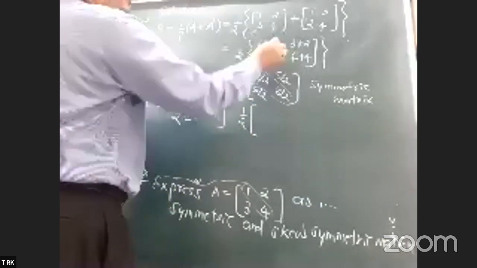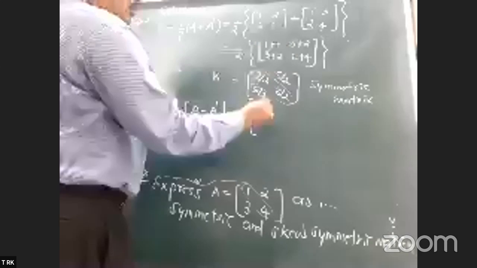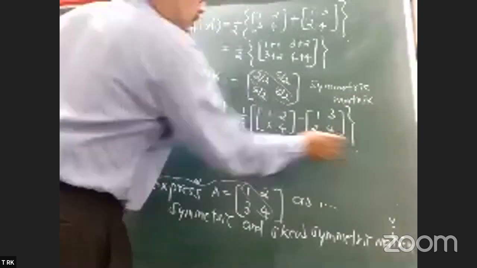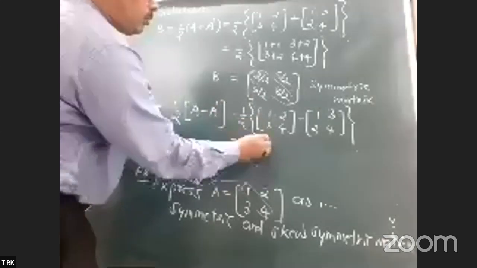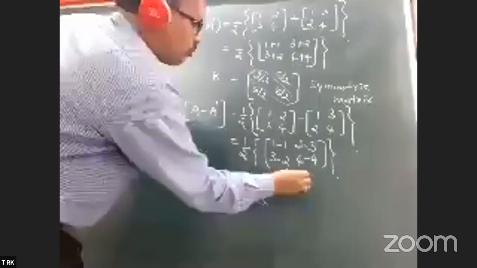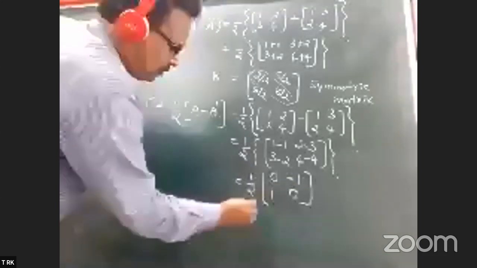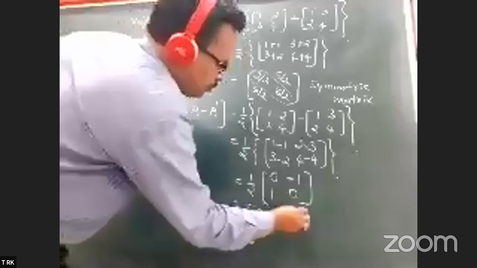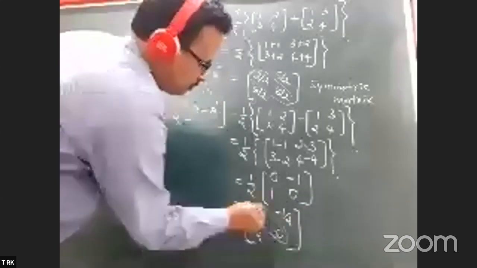I write directly 1 minus 1, 2 minus 3, 3 minus 2, 4 minus 4. That is 1 by 2 into 0 minus 1, 1 0, which is 0 minus 1 by 2, 1 by 2 0. This is C.